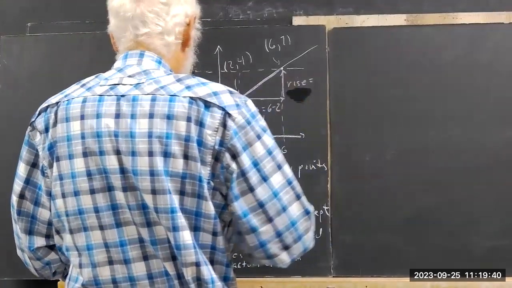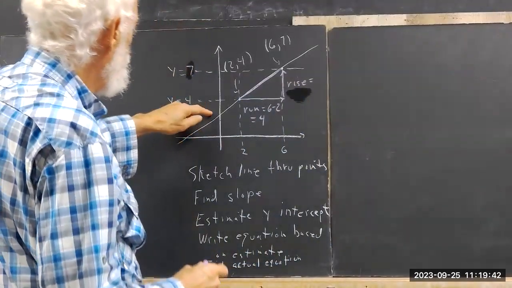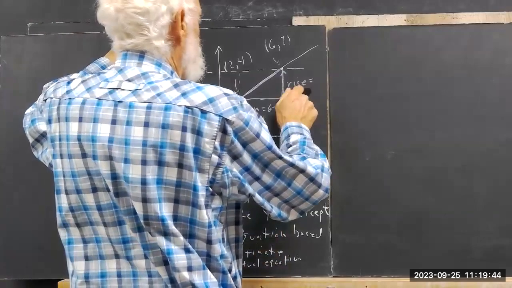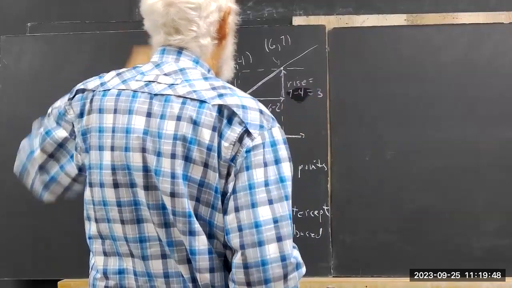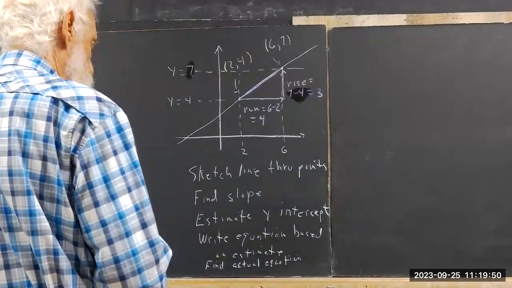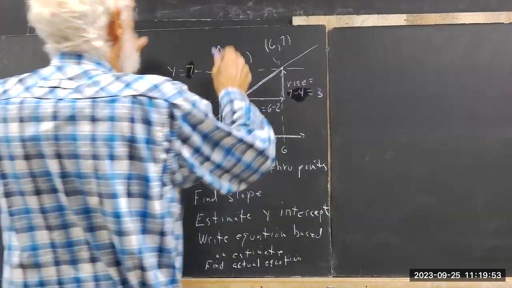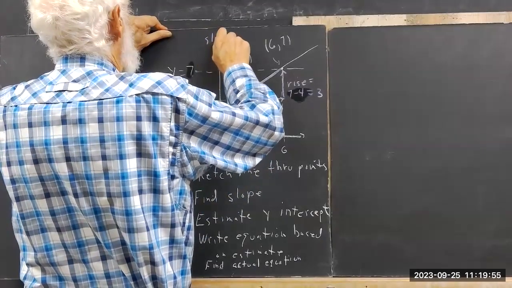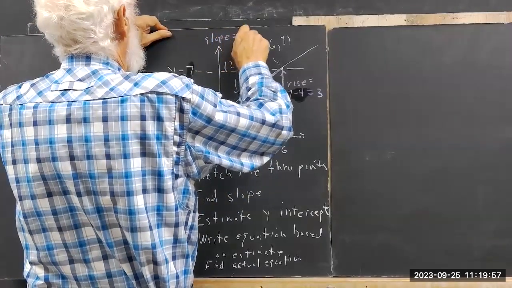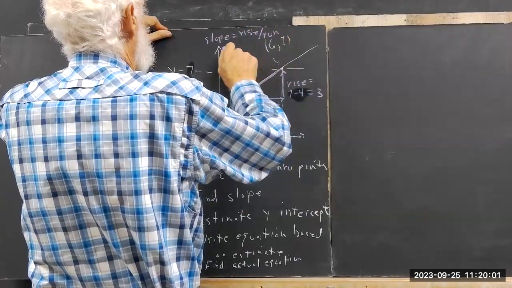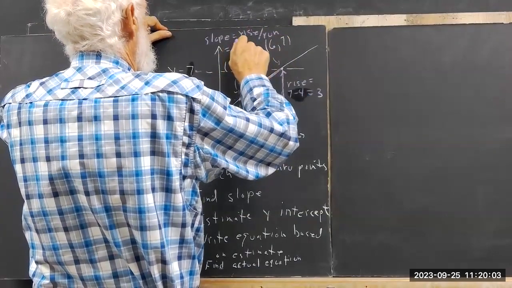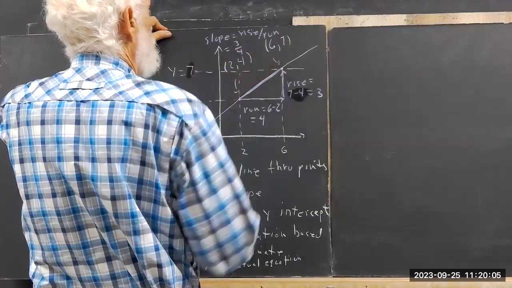Okay, so the rise is, y goes from 4 to 7. The rise is then 7 minus 4, which is 3. So the slope is rise divided by run, which is 3/4.